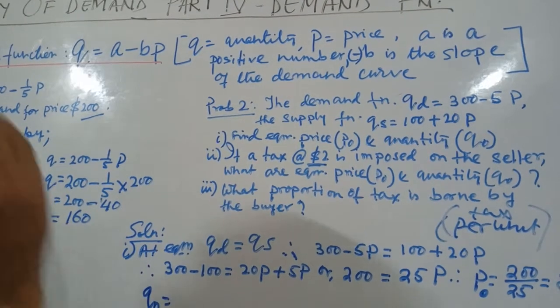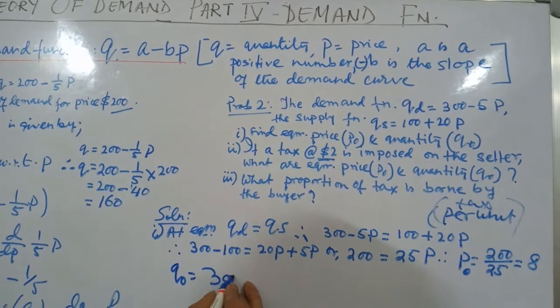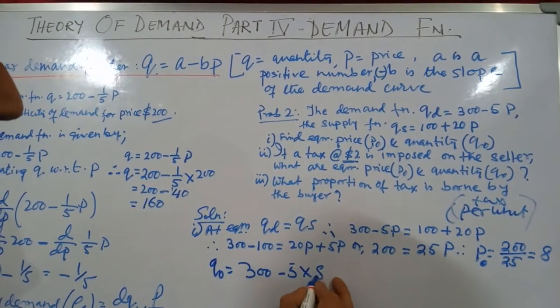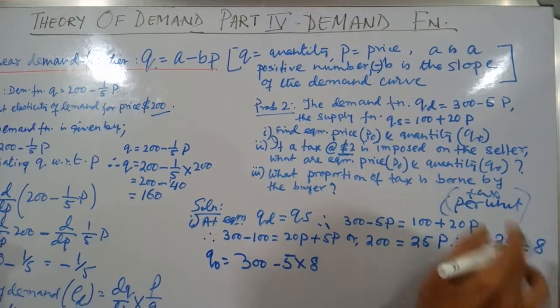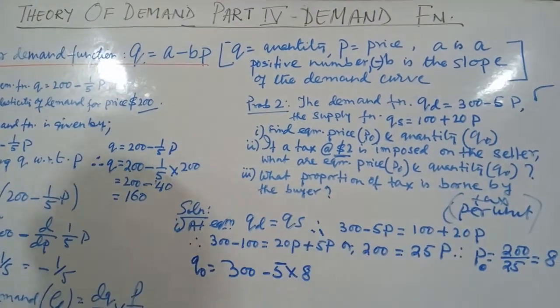Q0 is equal to 300 minus 5P. 5 into 8, P is 8. We have put the value in this equation.